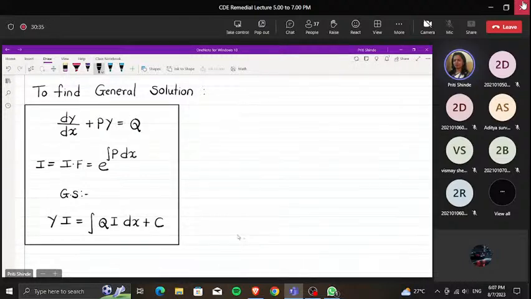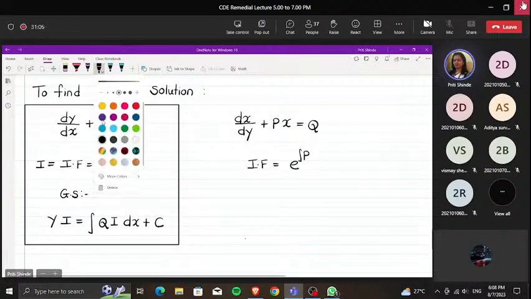Suppose differential equation is linear in x. So dx by dy plus px is equal to q. Okay. So in this case, integrating factor is the same, e raised to integration of p. For linear in x as well as linear in y, your integrating factor is e raised to integration of p. But with respect to x or with respect to y, for that you have to see the differentiation.